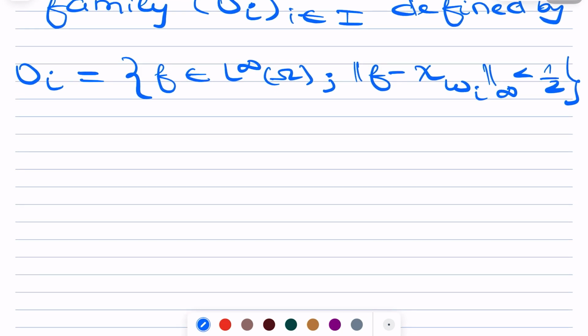Of course, you can check that O_i is non-empty, the family of O_i's are pairwise disjoint, and I is obviously uncountable.